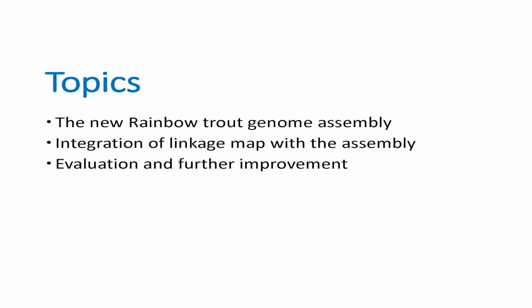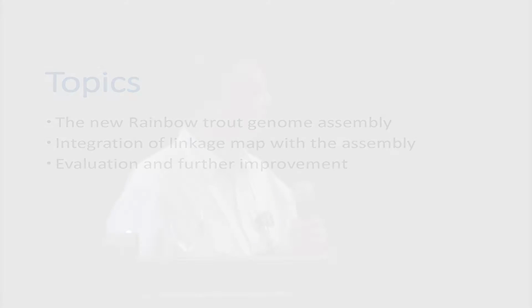I'm going to first talk about the assembly, and then about how we plan to use the linkage map to improve the assembly, and also how we use the linkage data to make the chromosome sequence. At the end, I want to compare some initial data of the new assembly with the current version of the rainbow trout genome assembly.